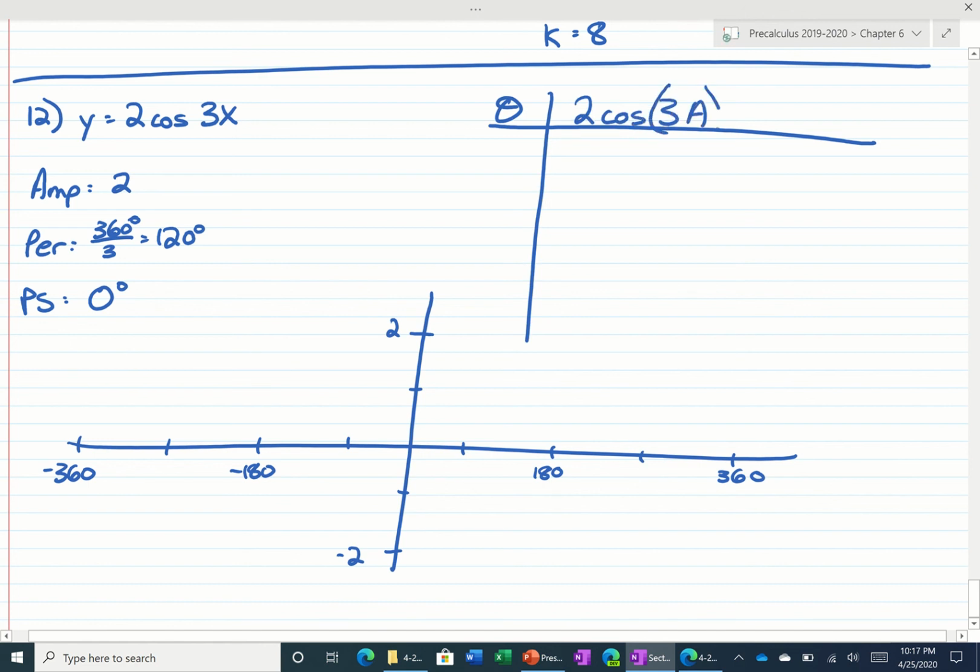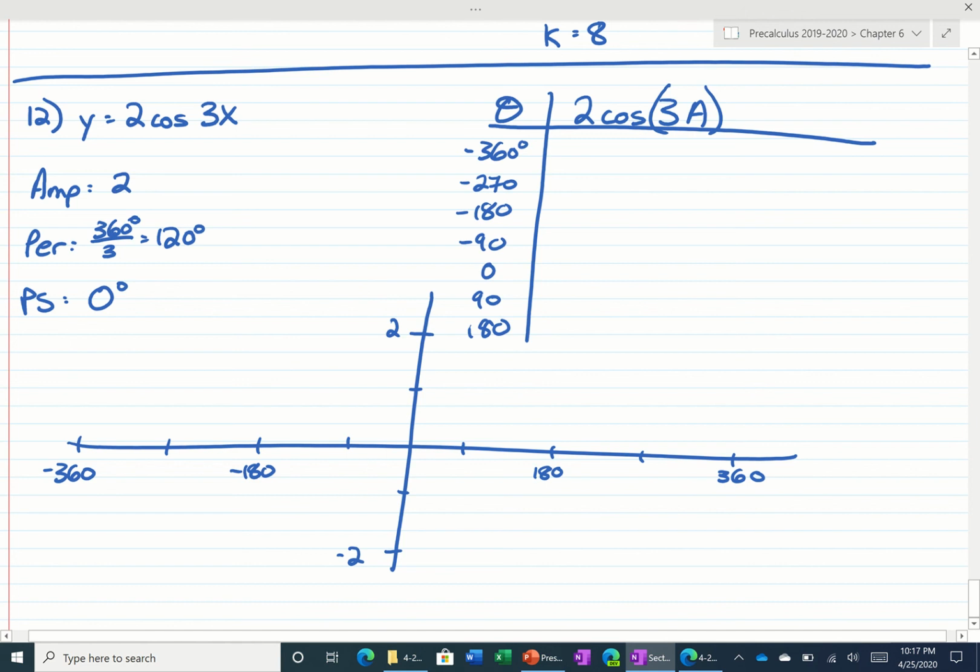I'm going to type it in like this. Alright, so start at negative 360. I'll plug in a few values until I start to get the idea. And then we'll connect the dots.